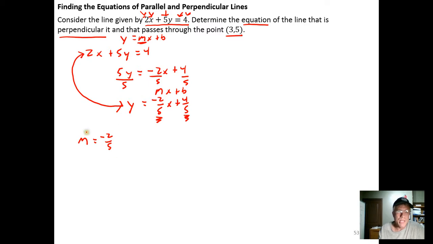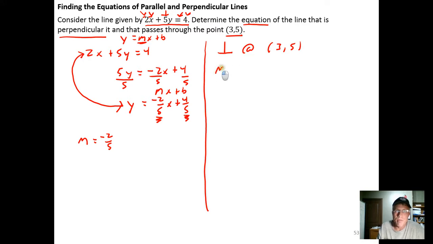I know every line that is perpendicular to this line has a slope that is the negative reciprocal of that. So to come up with my perpendicular line that contains the point 3, 5, I need to calculate the slope of the perpendicular line.